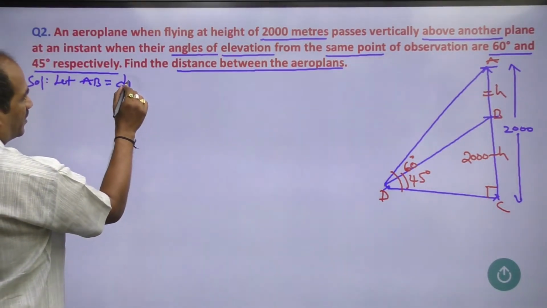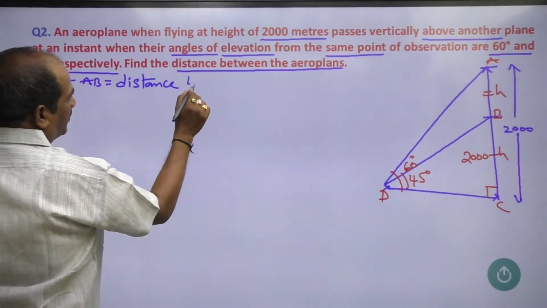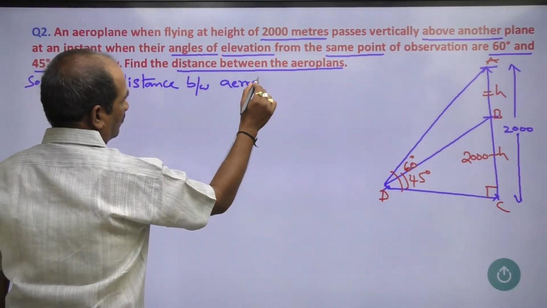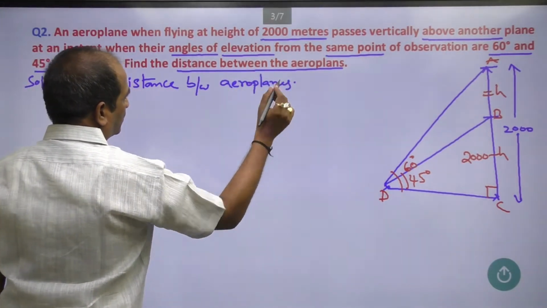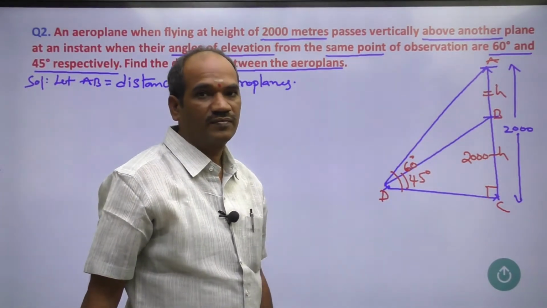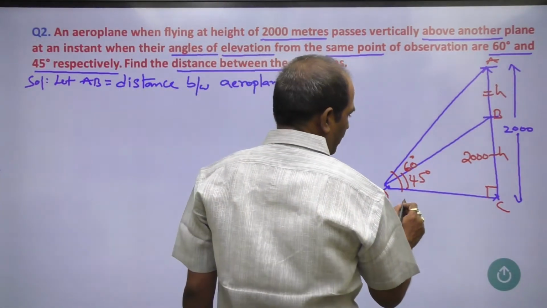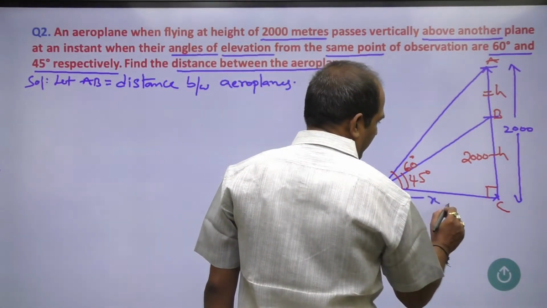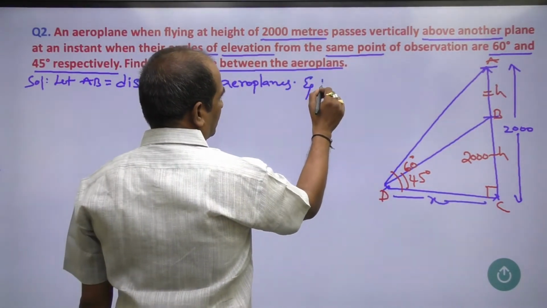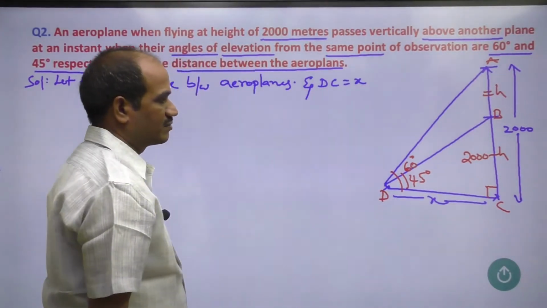So we calculate the H value. Next, take this triangle. This distance is x meters, and DC is equal to x meters.